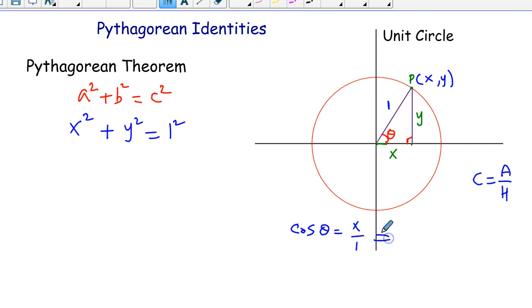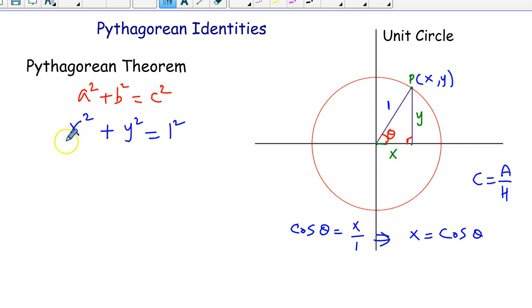Therefore, when I cross multiply, solving for x, I can say the measure of x is nothing but cosine theta because of that radius 1. Otherwise, if this is something else, we would write that radius here and multiply it. But here I just have 1, so x equals cosine theta.